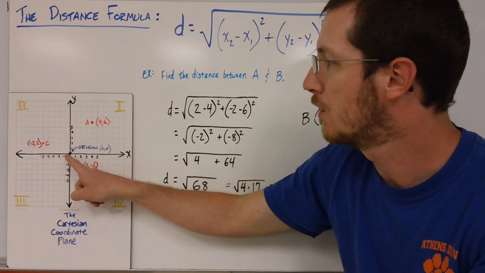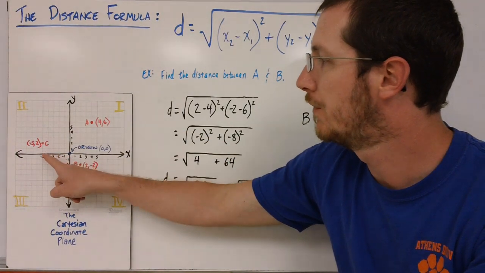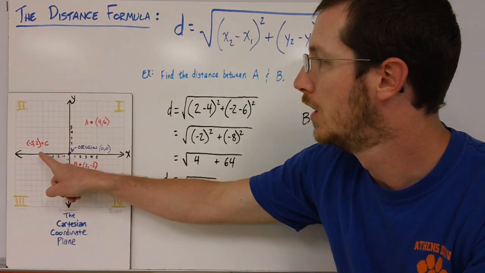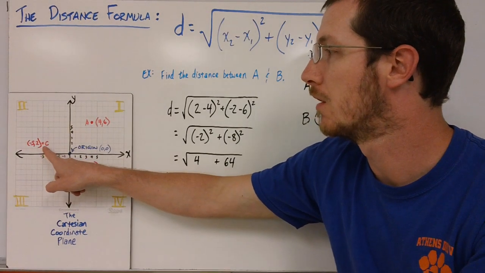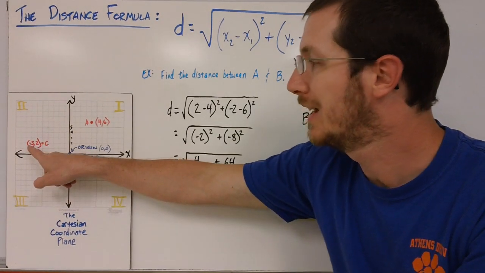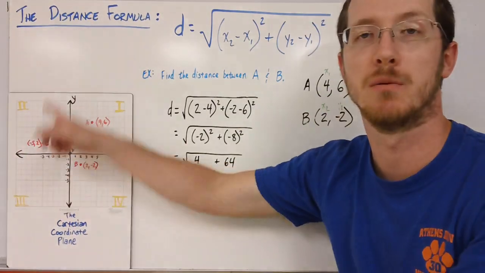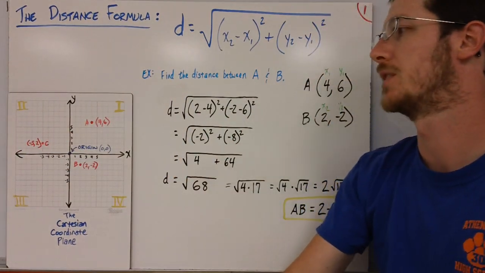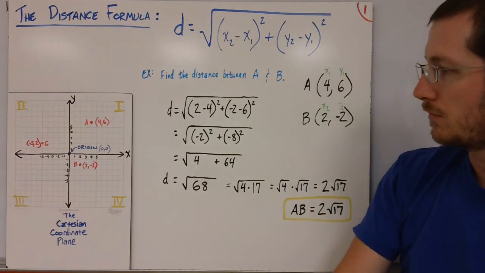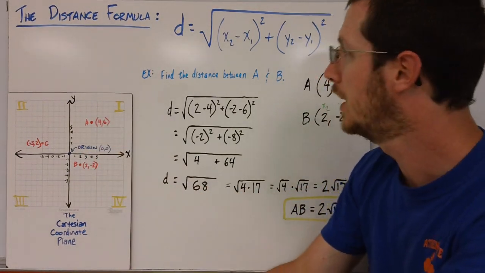If we go from the origin over 1, 2, 3, 4, 5, we'll be in line with our C point, but it's a negative 5 since we went to the left instead of the right. Then we go up 2, which gives us a positive 2 y coordinate. Okay, so that's our Cartesian coordinate plane.